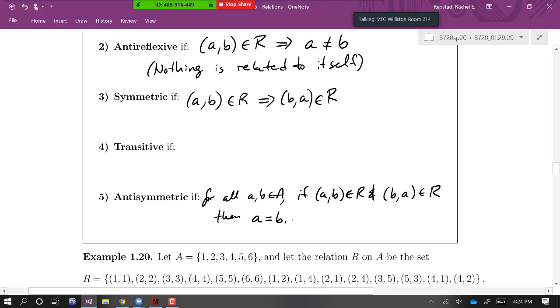So anti-symmetry is no symmetry at all allowed. Symmetric is all symmetry. Anytime you have an ordered pair, you can flip it.